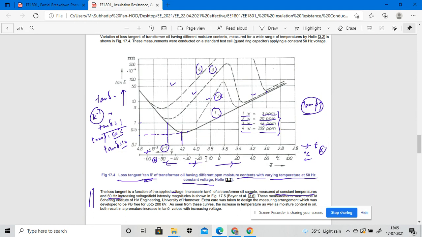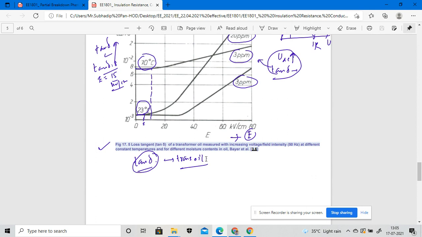We also discussed the graph related to the loss tangent of the transformer oil measured by increasing the values of the voltage, or the field intensity, at different constant temperature values and for different moisture content in the transformer oil.